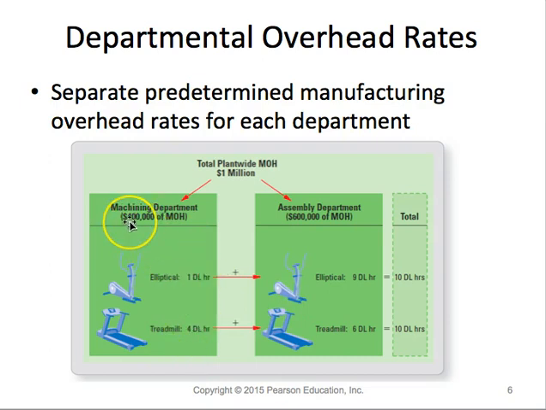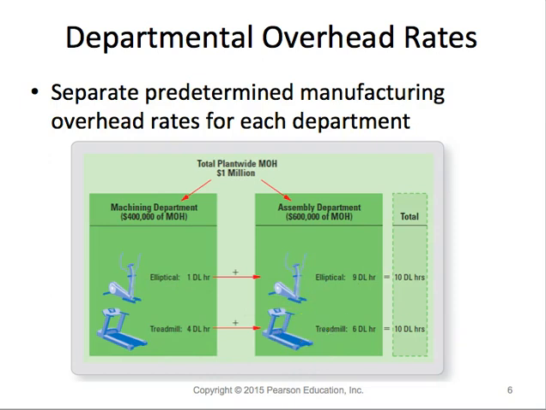We have $400,000 of overhead for the treadmills and ellipticals, and for assembly we are spending a lot more hours, but compared to the $400,000, the increase of $200,000, from 600,000 minus 400,000, is only a $200,000 difference, while we have a much bigger difference in the labor hours for each of those.